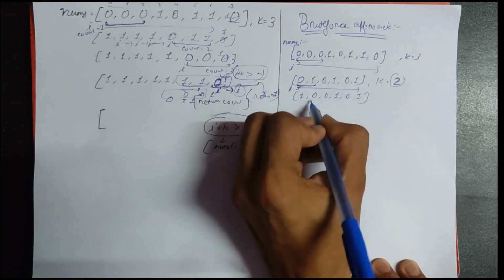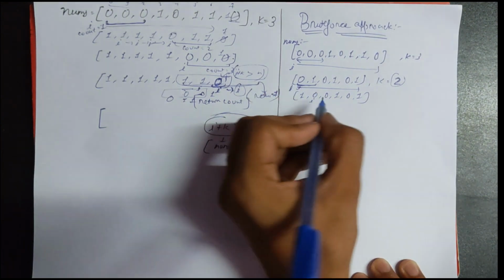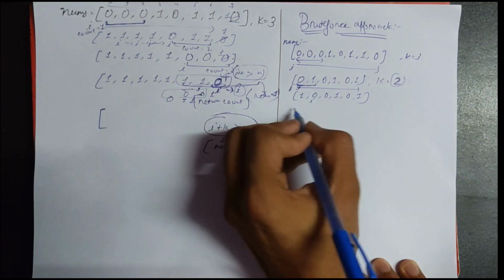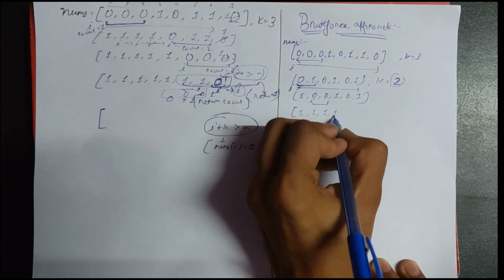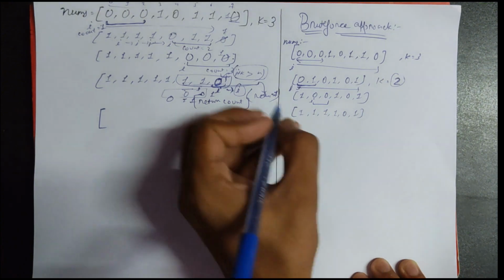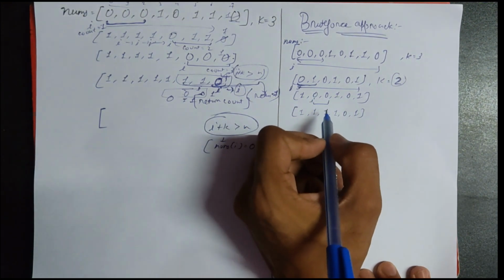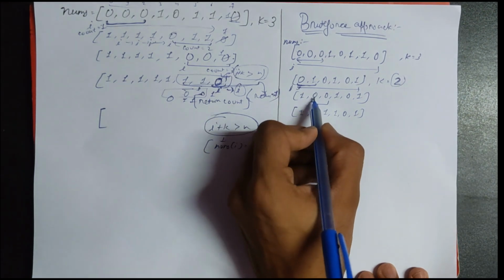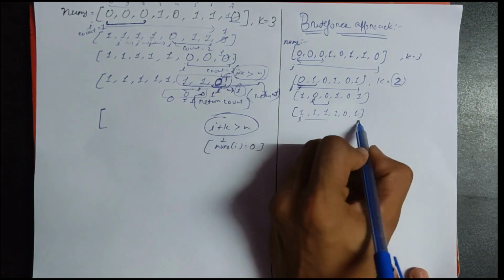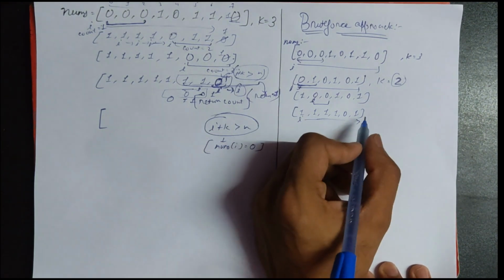After this I will be shifted here. Again we encounter a value which is not equal to 1, which is 0, so we again swap k elements, so this will look like 1 1 1 1 0 1. In the worst case, the maximum number of times we have to change the value can be I, because I is going from left to right, from 0 to the size n-1.